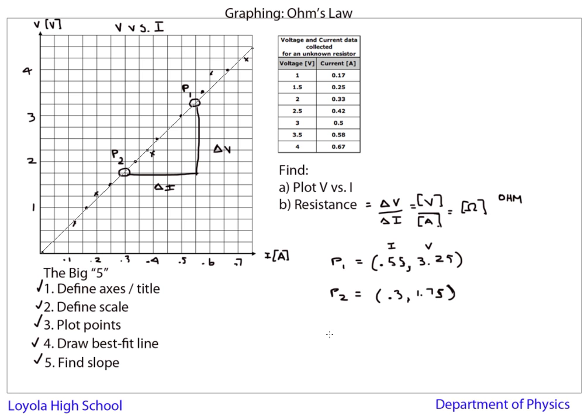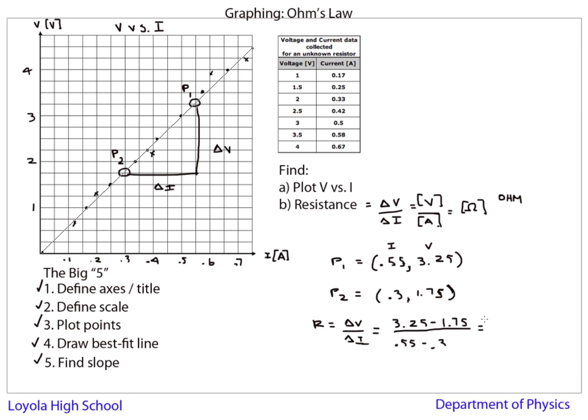All right, so the resistance is going to be the change in V over the change in I. So this change, let's say it's 3.25 minus 1.75, over the change in I, which is 0.55 minus 0.3.